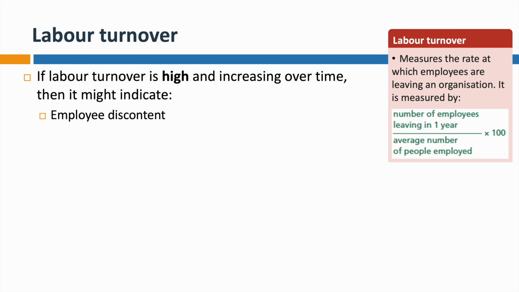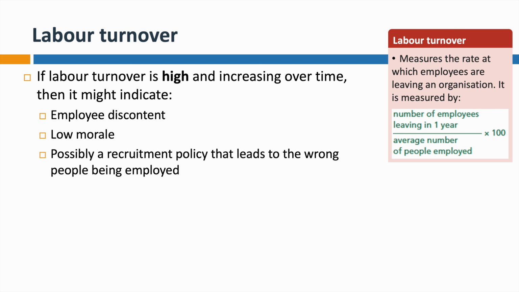It might indicate employee discontent. For some reason, even if we invested in them, they're not happy. Maybe it's because of our organizational culture. Maybe it's because we are not doing such a great job motivating them, leading them, and so on. So it's all very connected to the other human resource chapters that we're going to cover in the next few weeks. It might be low morale. By morale, I mean the general motivation of the staff.